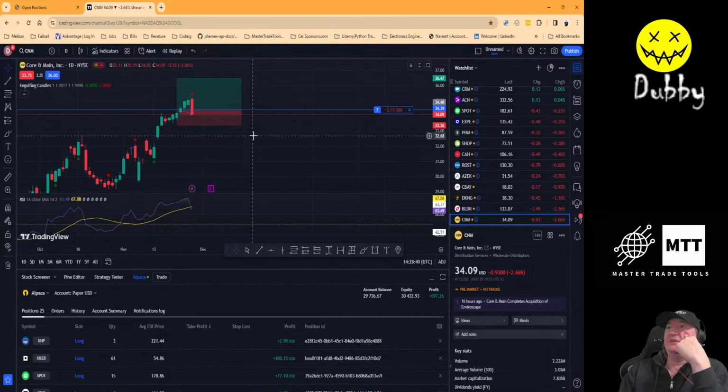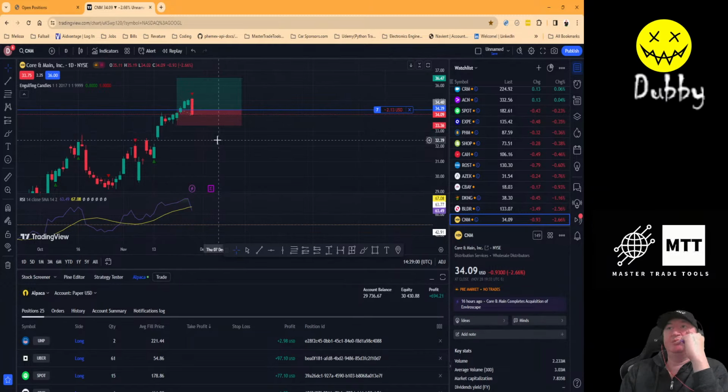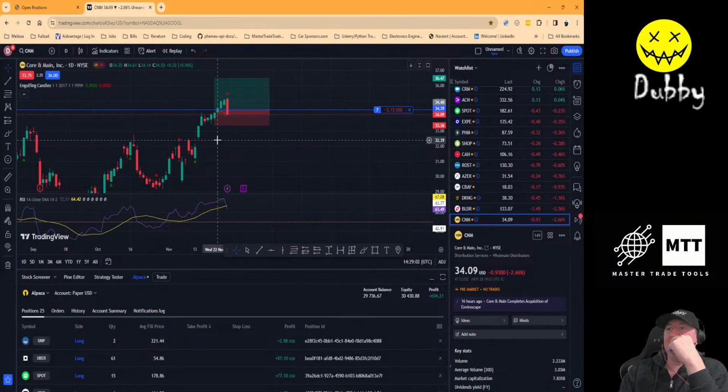I don't really see any pre-market movement, so it's really hard to tell which way this one's going to go, because we've got our bullish trend here, but we've got such a high volume bearish candle that I think we're probably going to see a pullback, and maybe even a reversal.